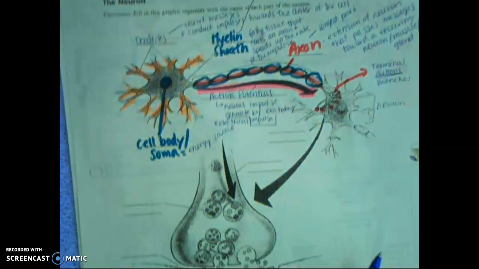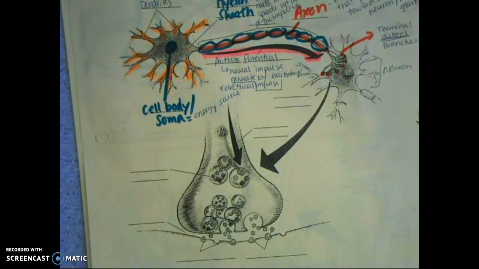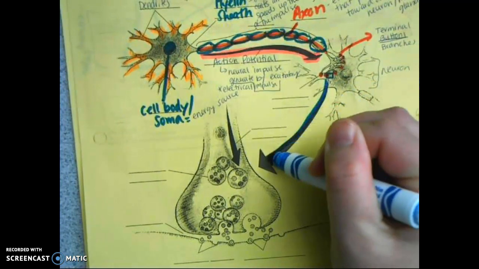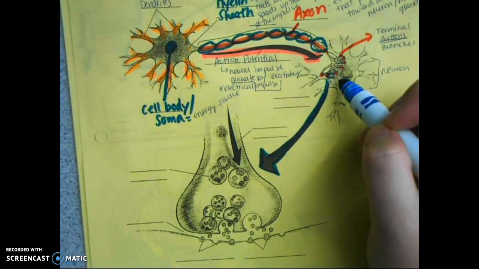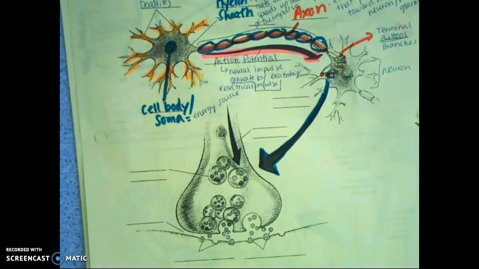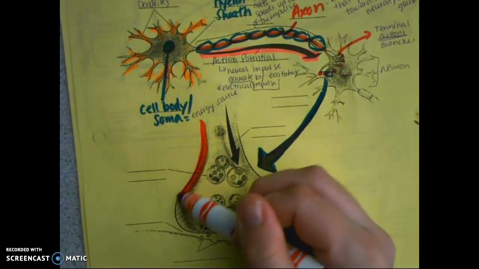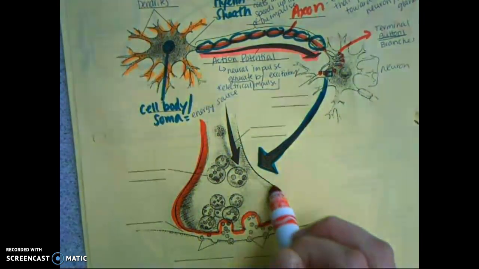So what this is trying to show you is, if you took this little square right here, it's blowing it up. So this arrow is trying to show you what's happening in that little square. Okay? So what's happening in that little square, that would mean this is actually our terminal button.